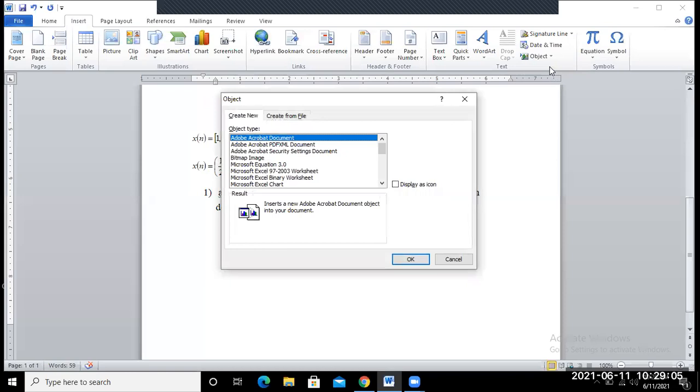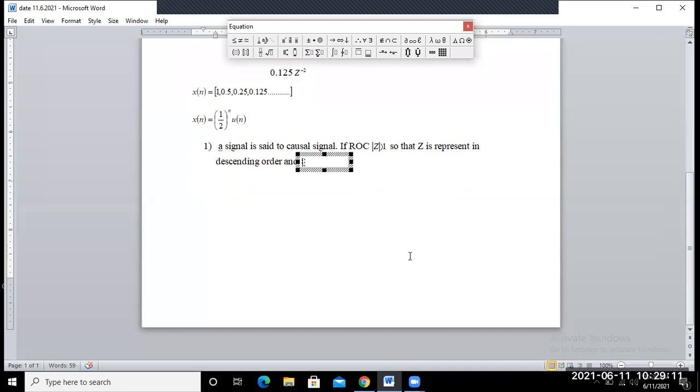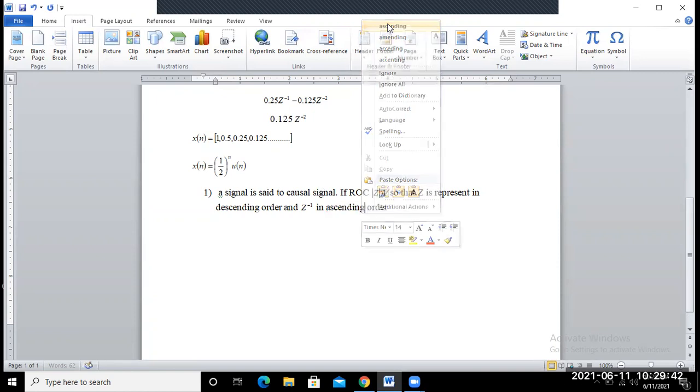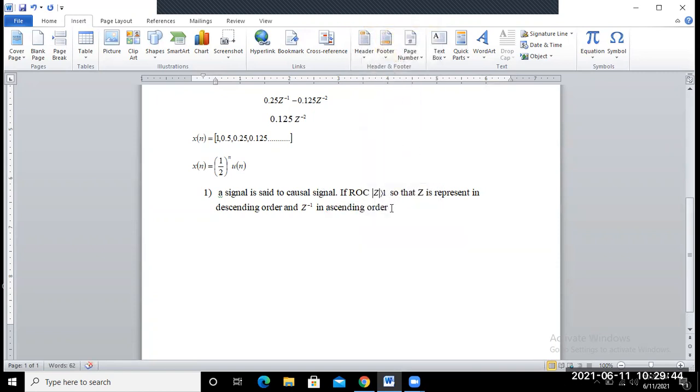Z inverse will be obtained in ascending order.